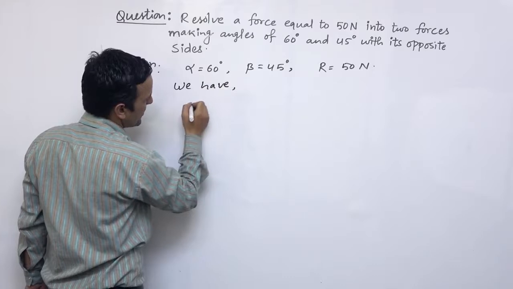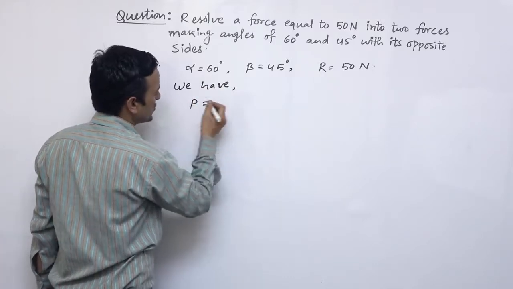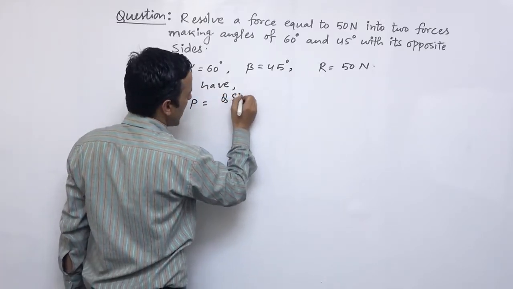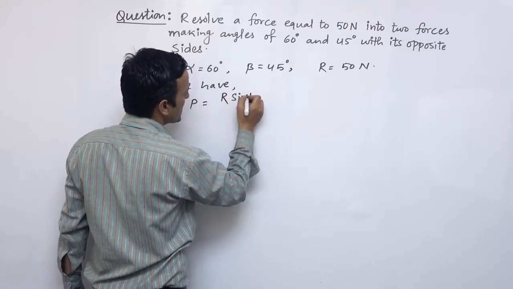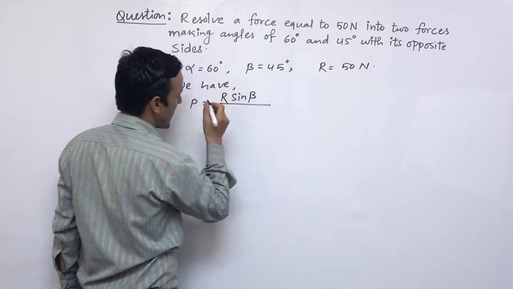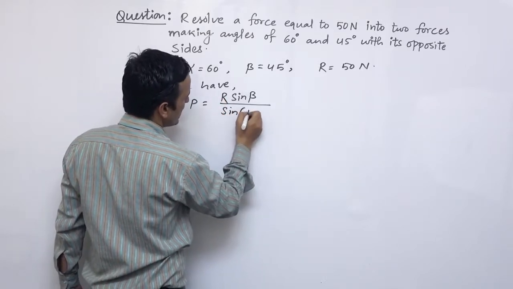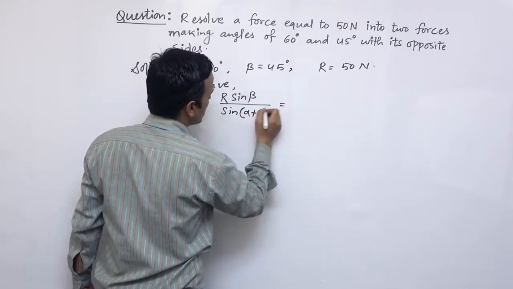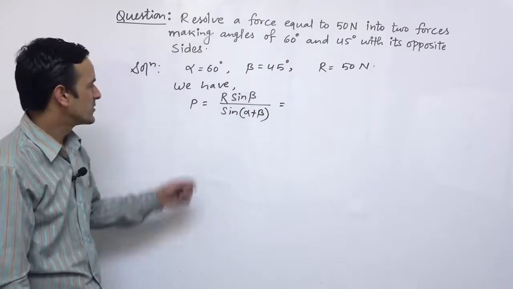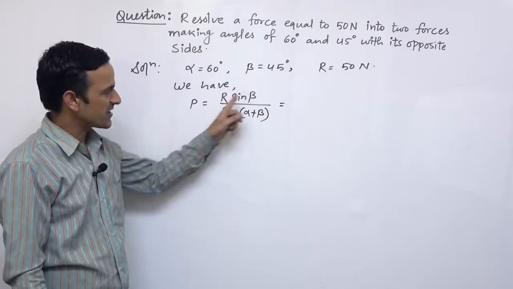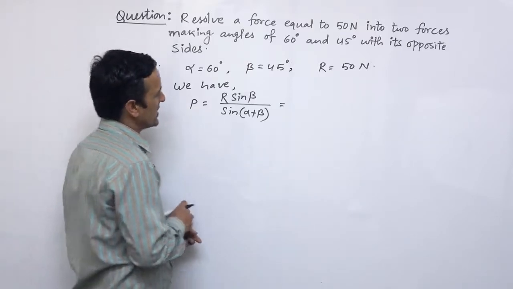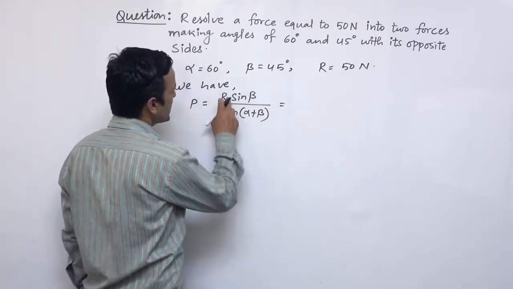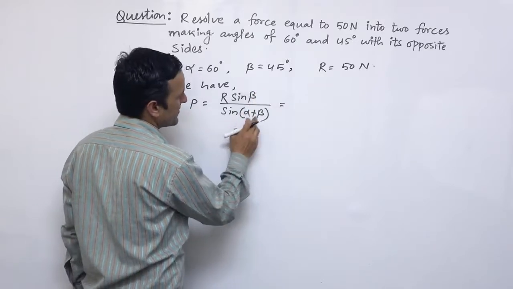So this is the formula: P is equal to R sine beta divided by sine alpha plus beta. So this is the formula to find P. P सँग हाम्रो बीटा आउँछ, Q सँग अल्फा आउँछ, ठ्याक्कै उल्टो जस्तै आउँछ. So R sine beta divided by sine alpha plus beta.